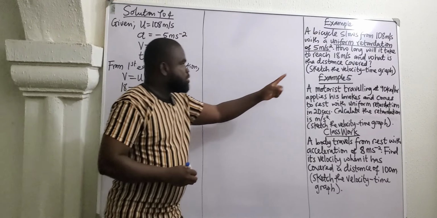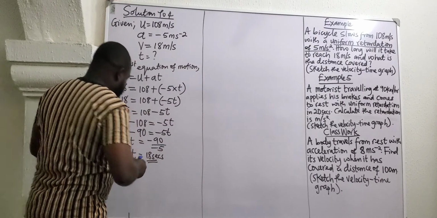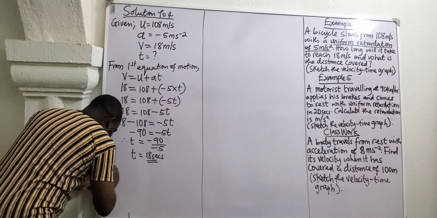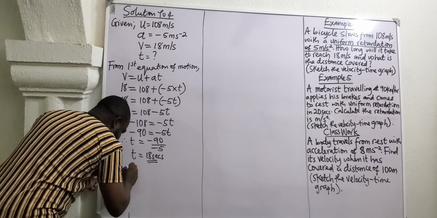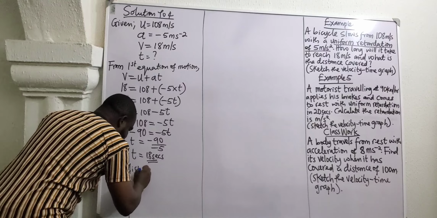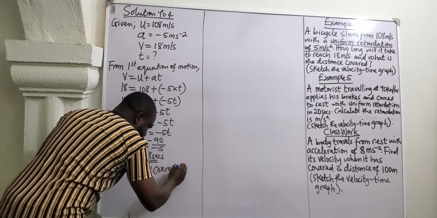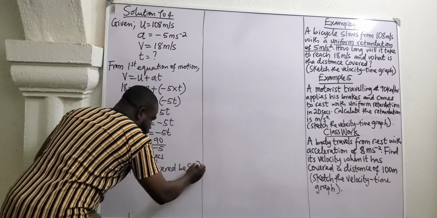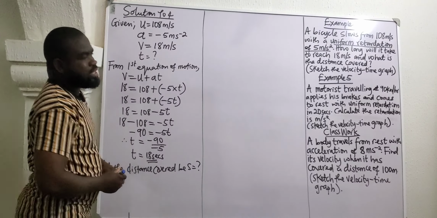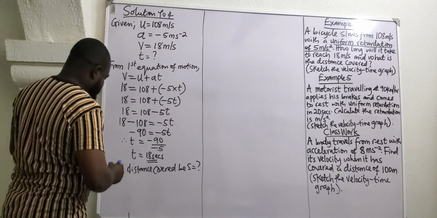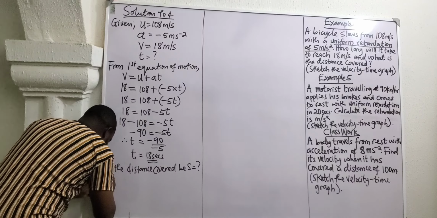For us to get the distance covered, we say let the distance covered be s. For us to find s, let's apply the fourth equation of motion.